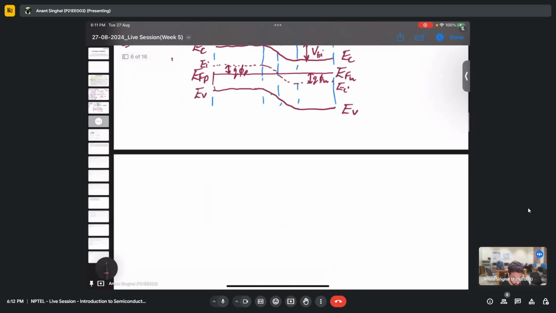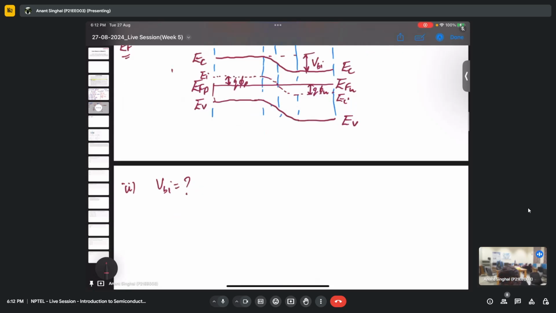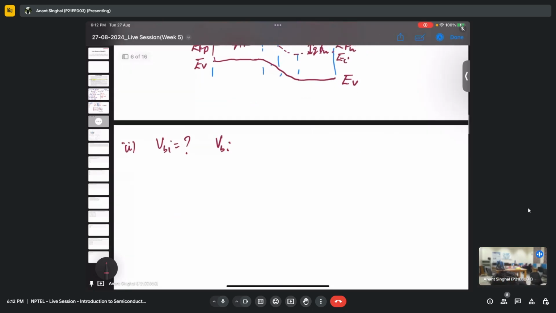Are you trying it or should I solve it myself? Anyone? Okay, let me give it a go then. VBI is nothing but VT ln of Na times Nd divided by Ni squared, and we know all the values that are given in the question.